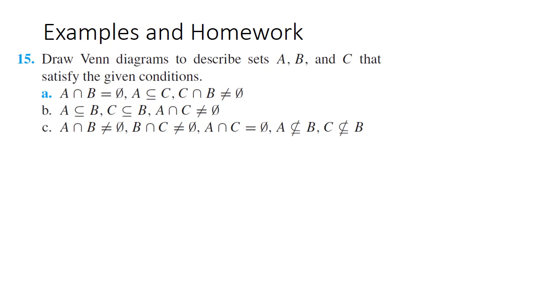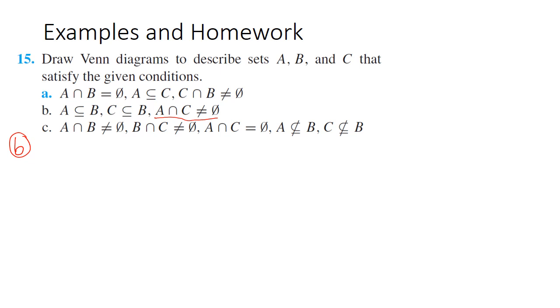Okay, let's look at number 15 here. I'm going to do part B for you. So part B, we need to draw A is a subset of B, C is also a subset of B, and we're being told that the intersection of A and C is not empty. The fact that A and C have a non-empty intersection means that they do need to overlap a little bit.